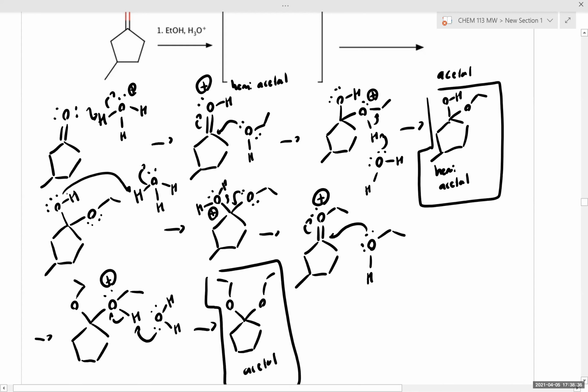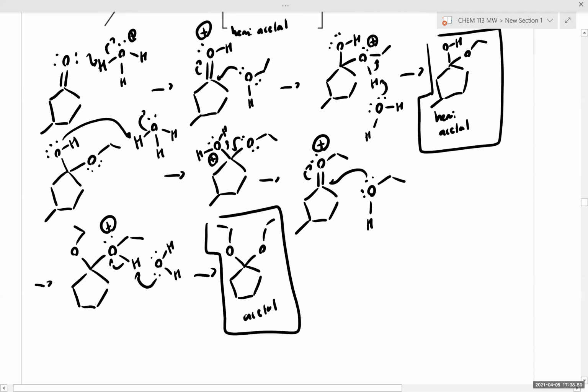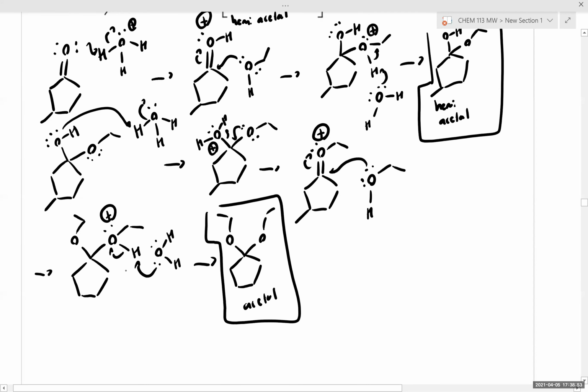Further protonation activates water as a leaving group, which then leaves to make a highly activated electrophile, which can be readily attacked by another equivalent of alcohol. A second proton transfer step gives us an acetal. Acetals are isolable species, though they're typically unstable to acidic conditions.